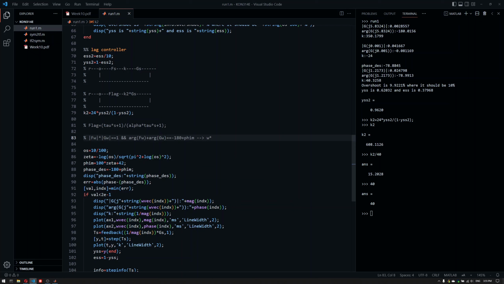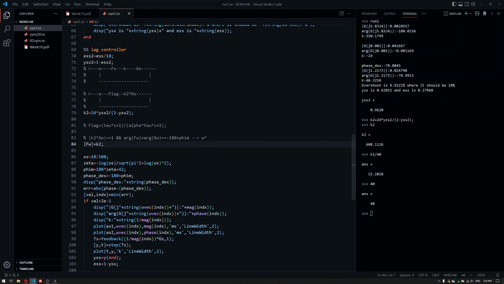So that's the reason why I try to do something like K2 times G(s) here, because F omega is going to be K2, and I'm going to get rid of it. So let me just pop that out. So this is basically equal to K2, or 600 basically, and I'm going to look at 600 times g omega, so that I don't care about this part here. So I'm just writing it down roughly, 600.